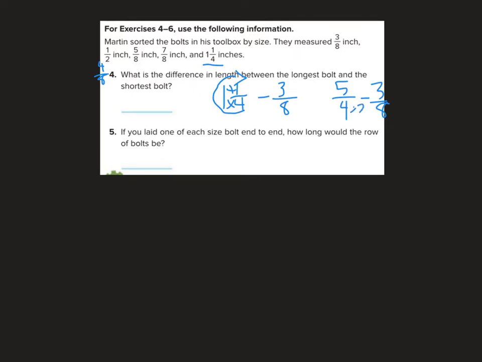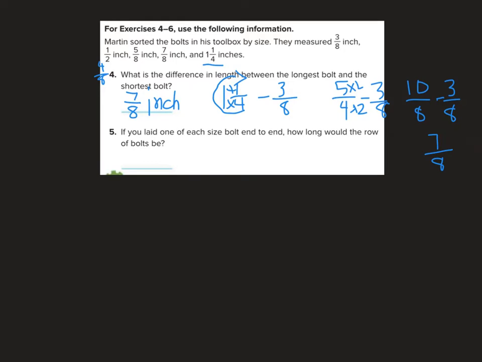So I'm going to multiply by 2, multiply by 2. So now I'm doing 10/8 minus 3/8. Okay, that works. 10 minus 3 is 7, and 8 doesn't change. So the difference between the largest and the smallest is 7/8 inch, right? Don't forget that label.